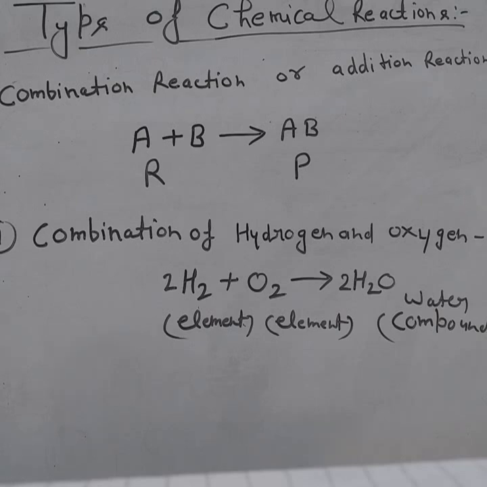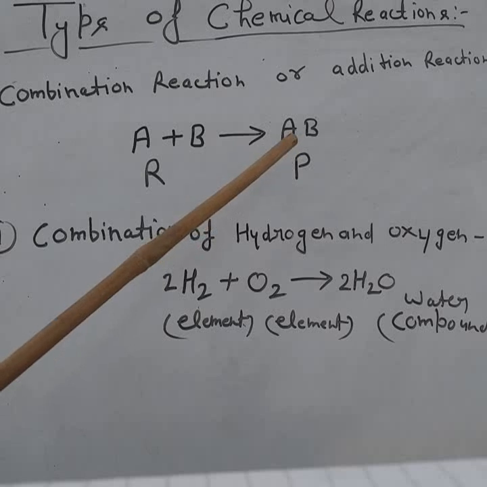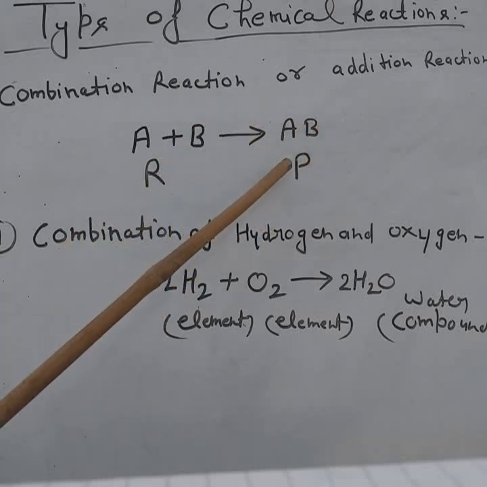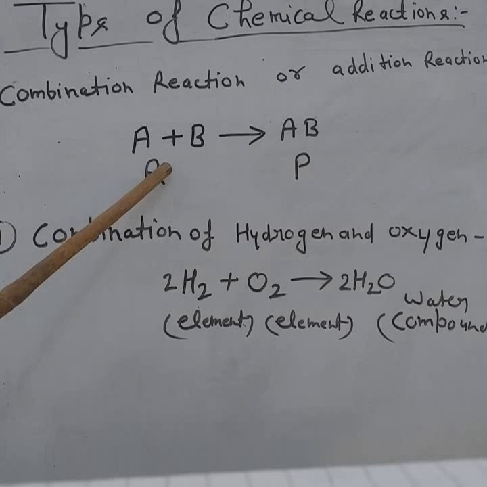An example of this reaction: reactant A plus reactant B react with each other and give product AB. Reactants are two but the product is only single. This is the main property of combination or addition reactions. The product obtained is a single one, and the reactants are two or more.